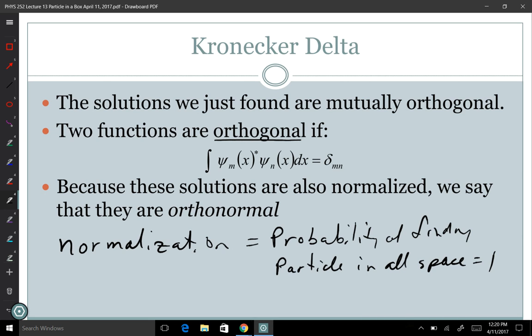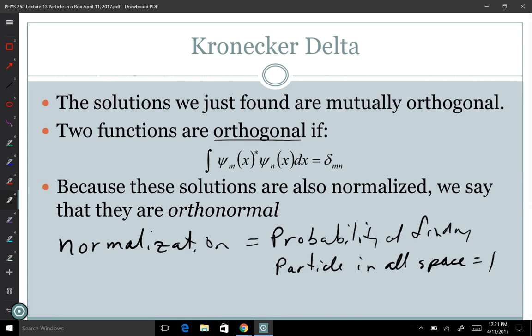Orthogonal is multidimensional. So orthogonal in 2 dimensions is equivalent to perpendicular. In 3 dimensions, normal. In 4 dimensions, I don't have a term for it other than orthogonal. So these solutions, we had solutions for n equals 1, n equals 2, n equals 3. Those have to be orthogonal, which means they're perpendicular to each other.